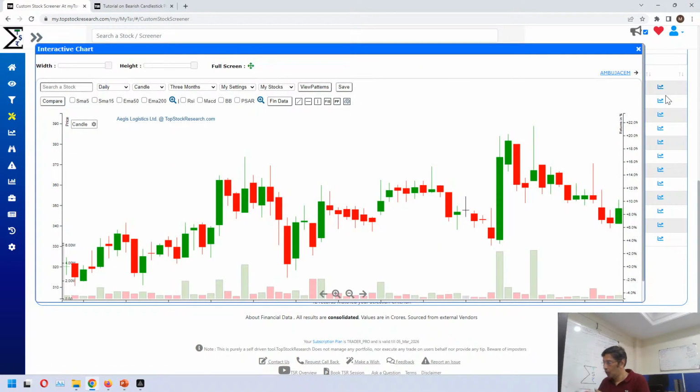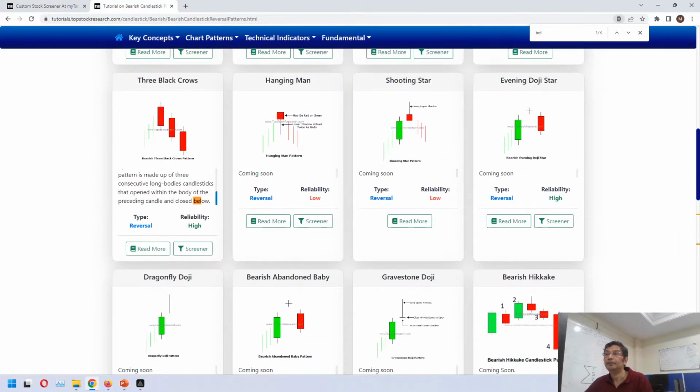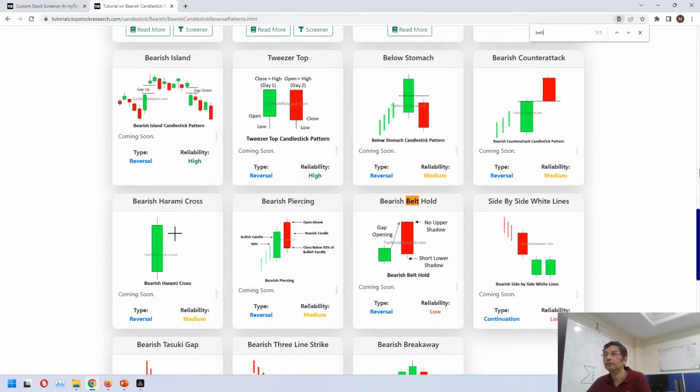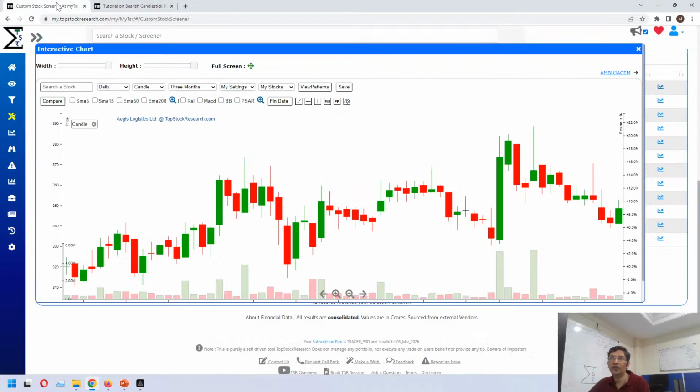It's explained well over here, all these patterns. So with belt hold, this pattern is formed. There's a gap up followed by this pattern. So that's what we were trying to figure out.